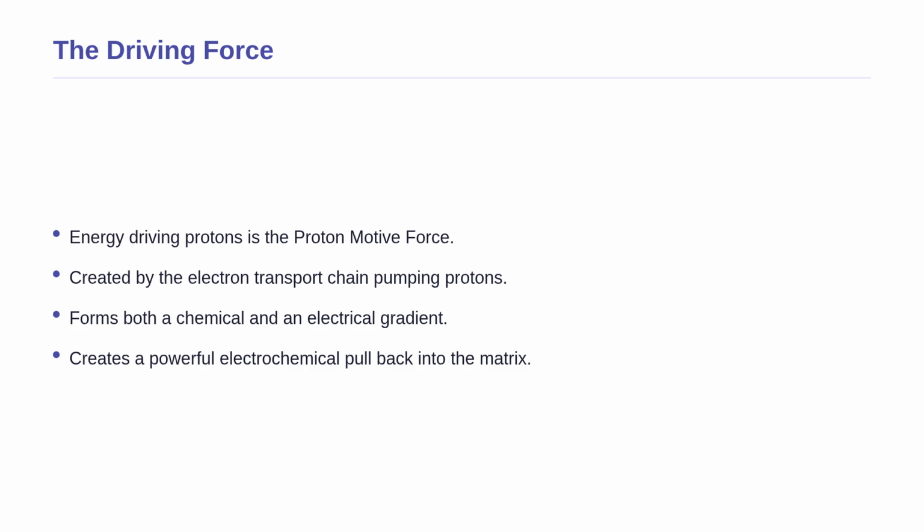This pumping creates both a chemical gradient and an electrical gradient across the membrane. The combination of these two gradients creates a powerful electrochemical pull that forces protons back into the matrix through ATP synthase, spinning the biological turbine.